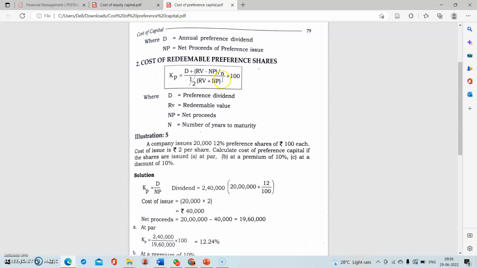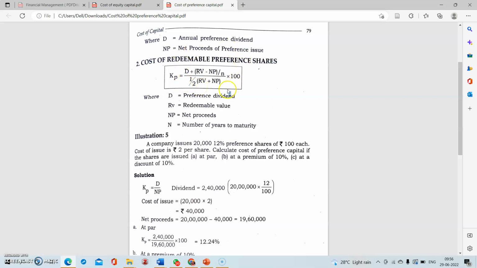That is divided by N, because you are getting this for a fixed period of time, maybe after 5 or 10 years. The difference will be divided by N. And you are finding the mean or the average of redeemable value and net proceeds. That is why half you are taking.